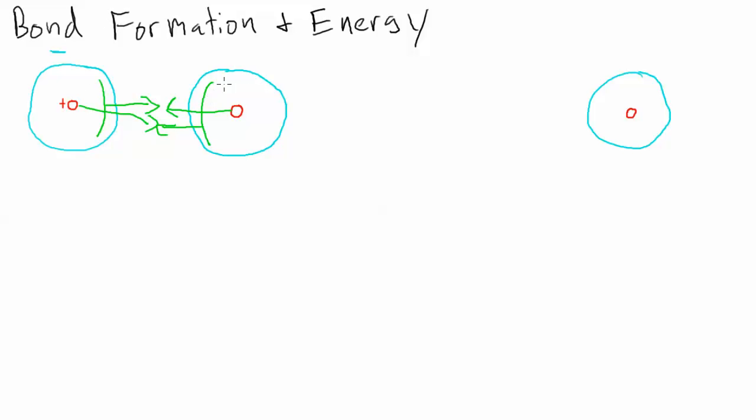Now, as the atoms approach each other, if it's a covalent bond, you're going to have unshared electrons, and they're going to occupy this part of the electron cloud. And the electron clouds of the atoms will eventually start to overlap a little bit, like this.